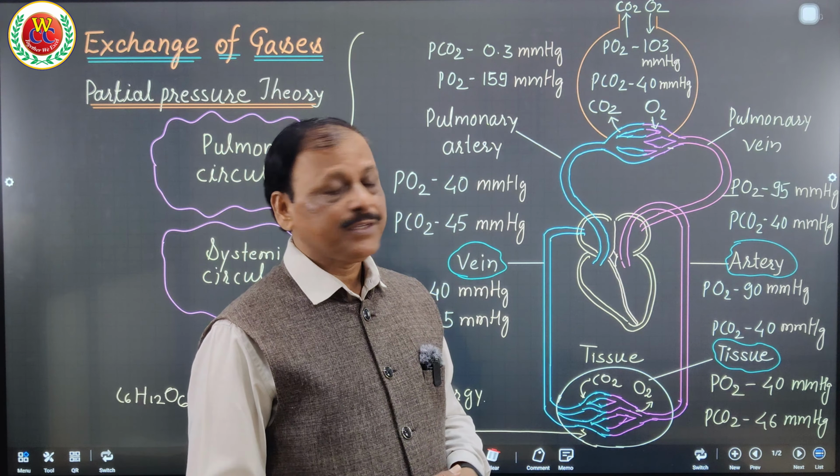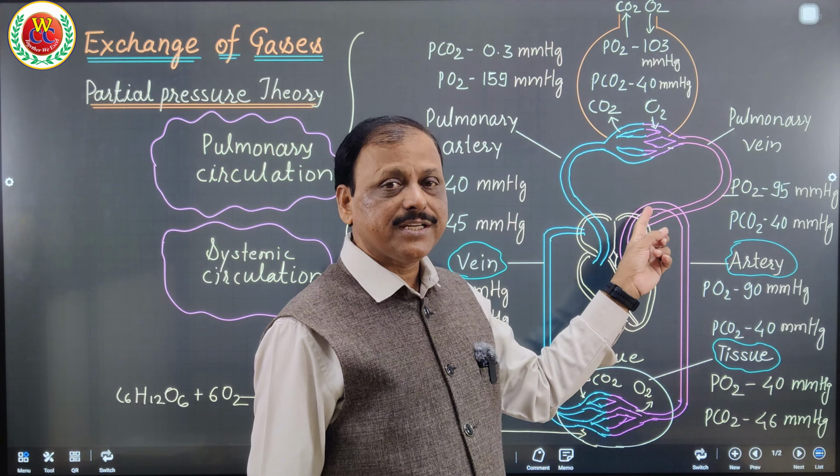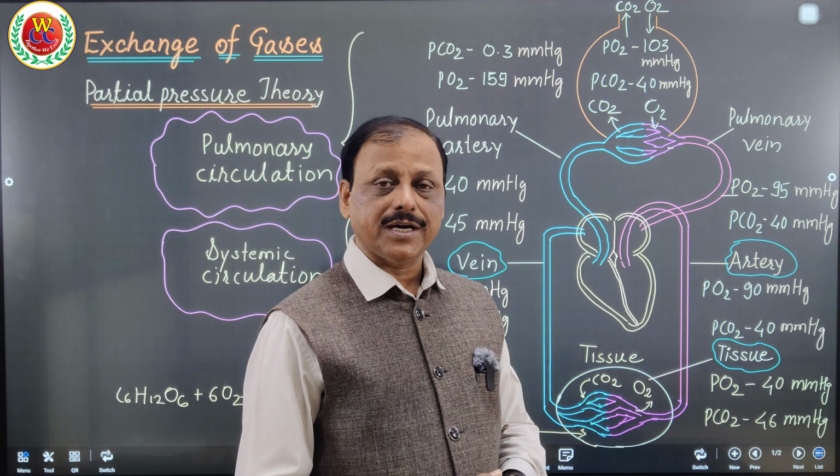So see, the partial pressure of oxygen in alveoli is PO2 103 mmHg, and in blood it is PO2 40 mmHg. Therefore oxygen from the lungs alveoli gets diffused from its higher concentration to lower concentration inside the blood, and now the pulmonary vein carries that oxygenated blood to the heart.